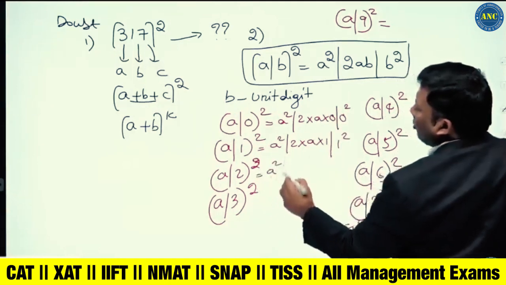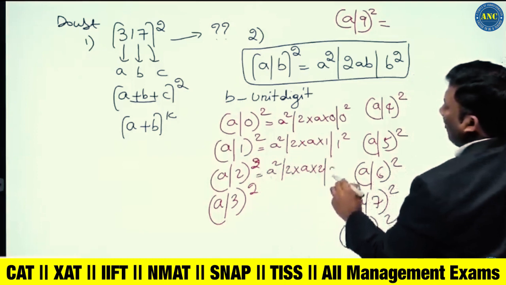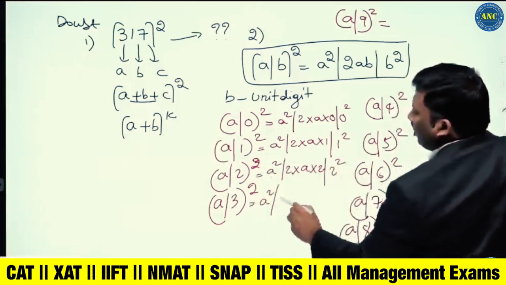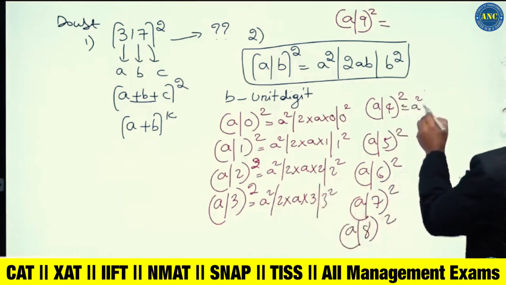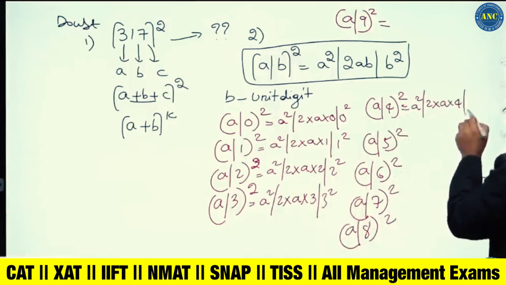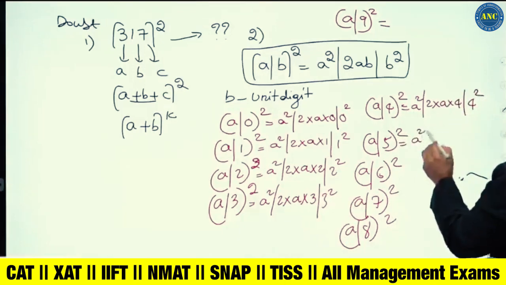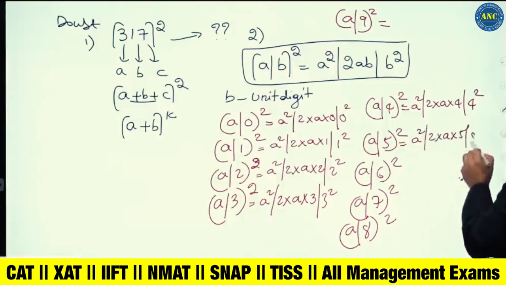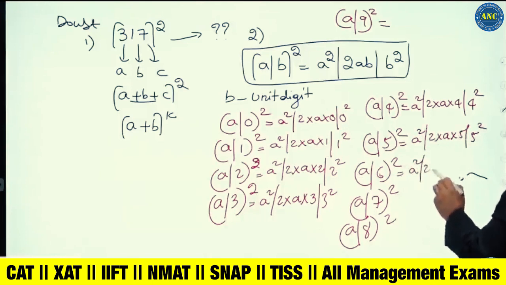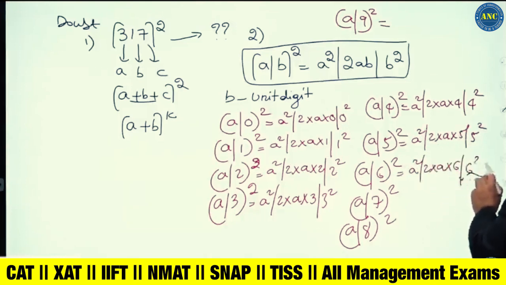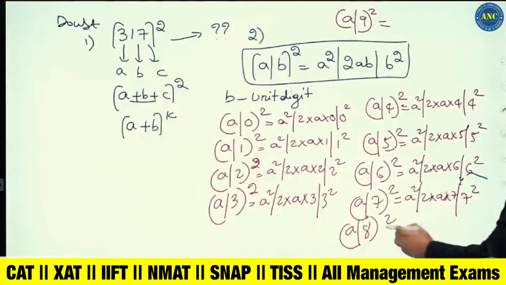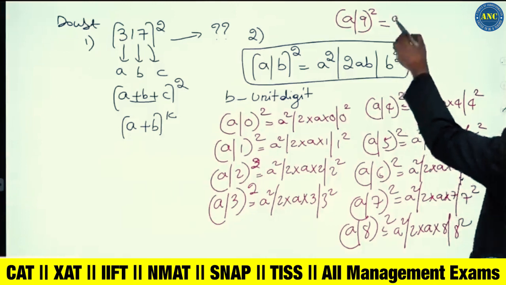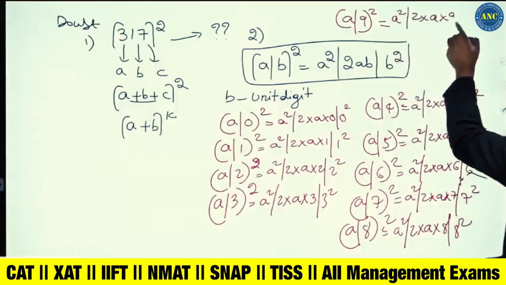Similarly for 2, 3, 4, 5, 6, 7, 8 and 9: A square plus 2 into A into B plus B square.